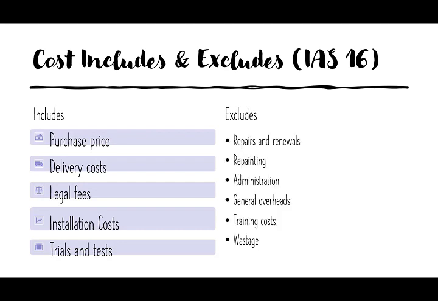But on the other hand, costs like repairs, renewals, repainting, administration, general expenses, indirect costs of the company, training of the employees to operate the machine, or any wastage or abnormal losses would all be considered an expense in the income statement, and you don't have to capitalize them in the cost of the asset.